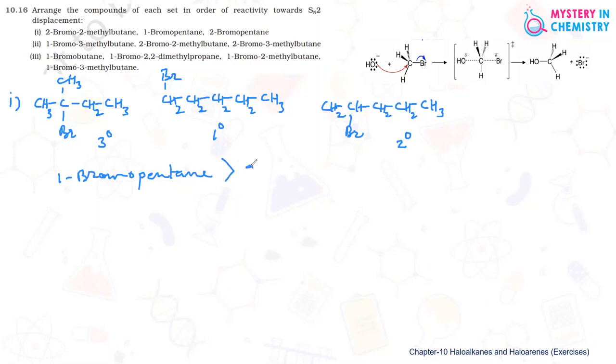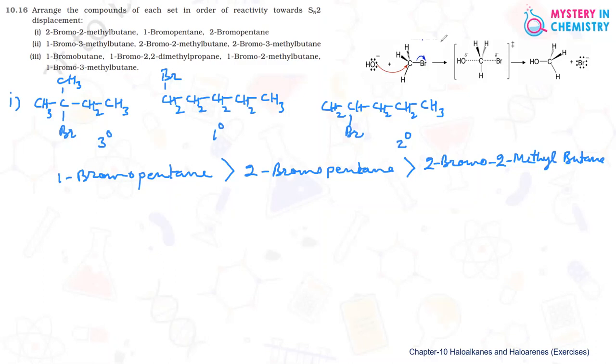After that, it is the 2-bromopentane, and the reactivity is minimum in case of tertiary, that is 2-bromo-2-methyl butane. So this is the order in case of first.